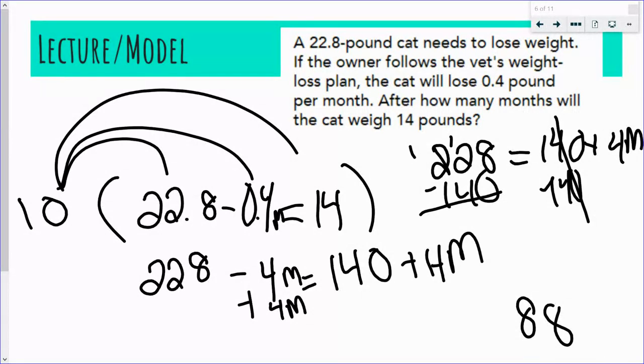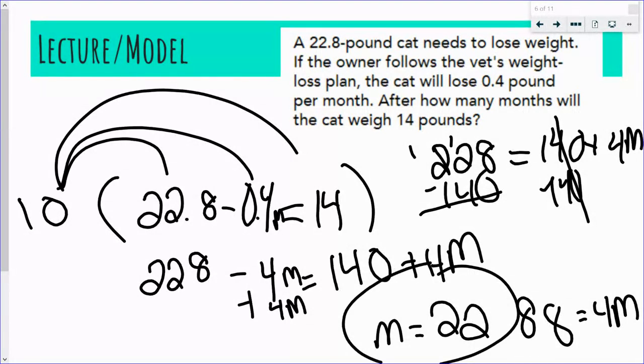Right, 8 minus 0 would be 8, 12 minus 4, yep. And then that equals 4m. Divide both sides by 4, and you would get 22.